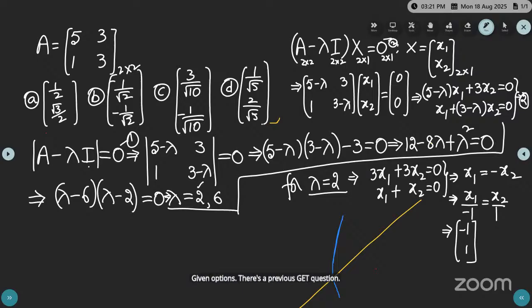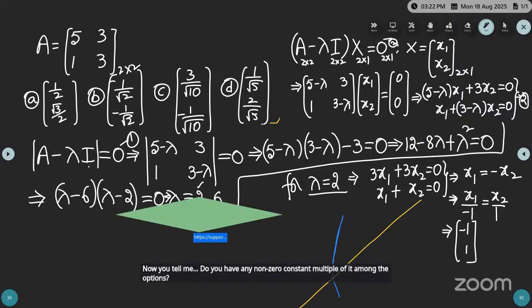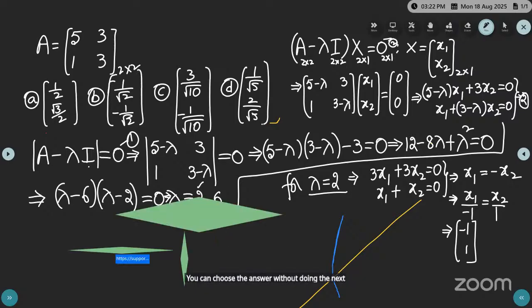You are preparing simultaneously for the GATE examination. What I said is not only the academics, but also you are simultaneously preparing for the competitive exams. Okay, right. Now you tell me, do you have any non-zero constant multiple of it among the options? You can choose the answer without doing the next procedure.